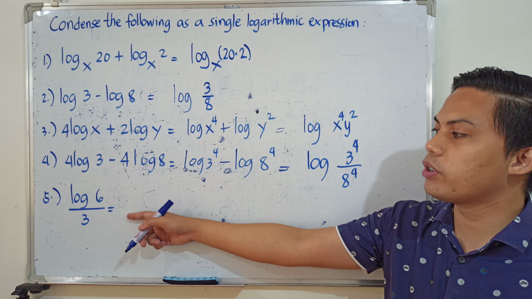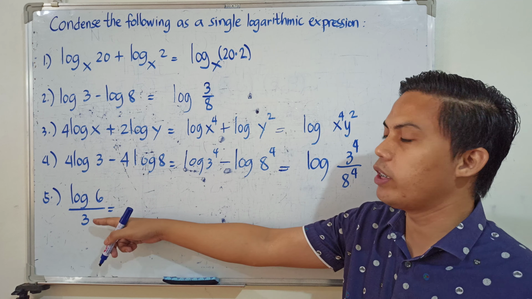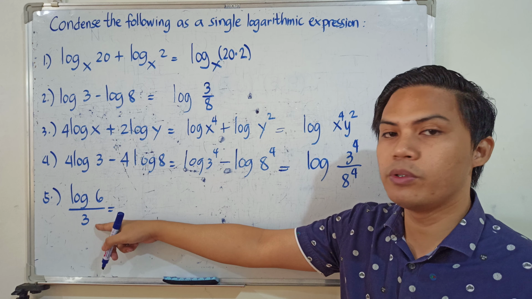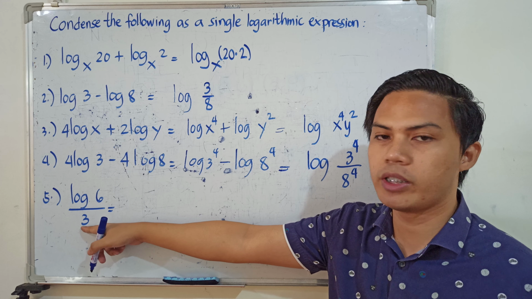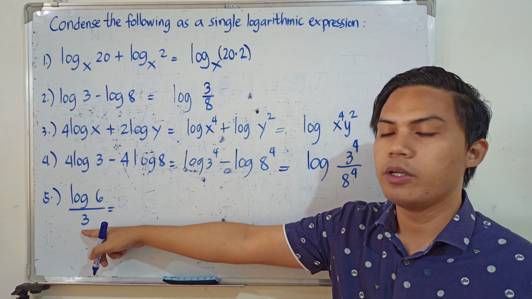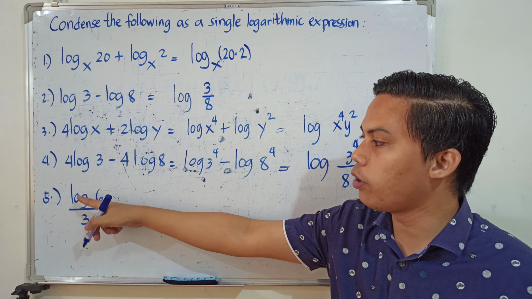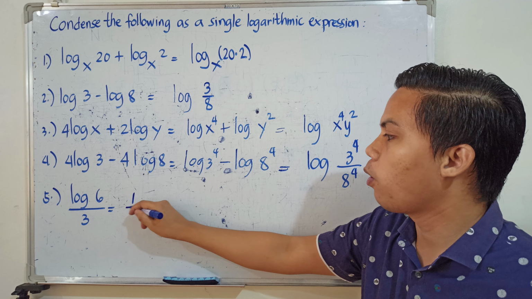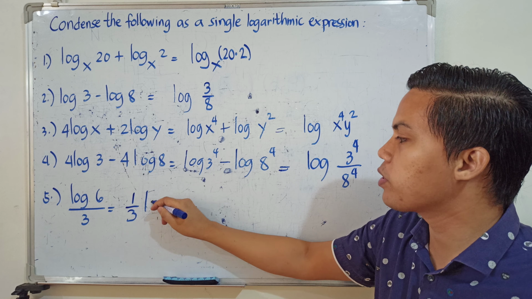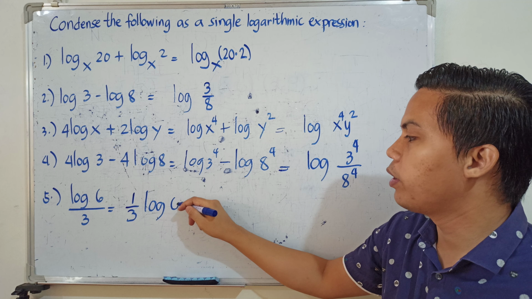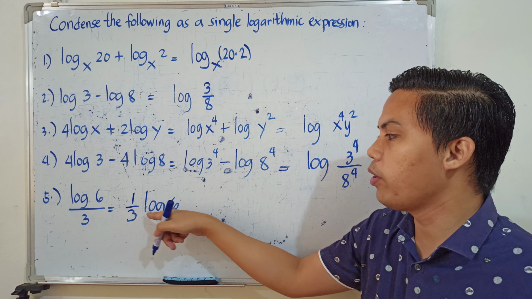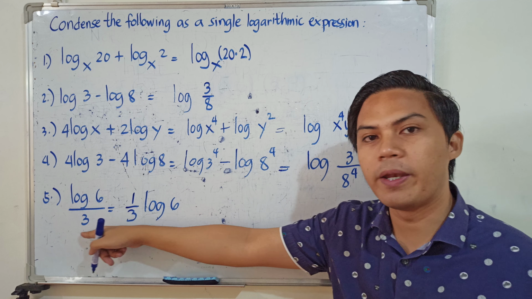Okay, how about number 6? Now, this is kind of tricky. We cannot consider na quotient rule siya. Bakit? Kasi walang logarithm dito sa denominator. But as we all know, since logarithm of 6 is over 3, it can be written as 1/3 times the logarithm of 6. Tama? So 1/3 is just the same with this one.